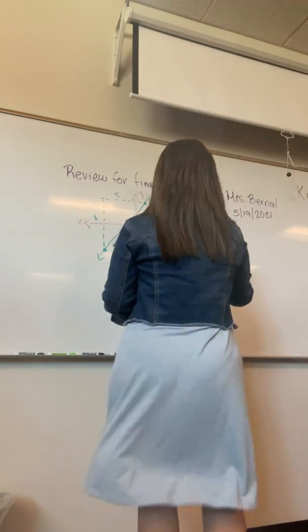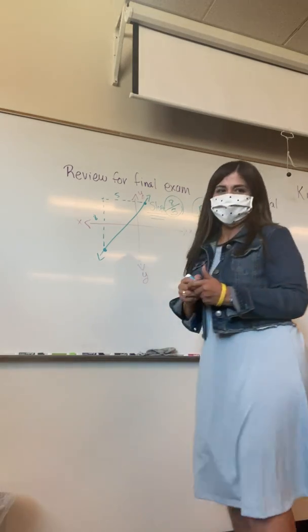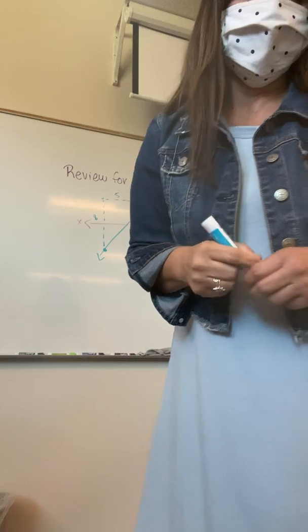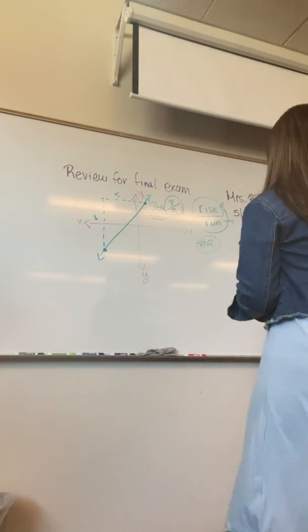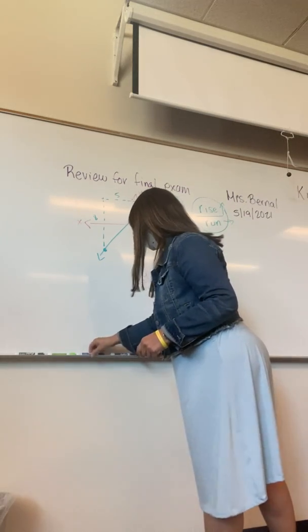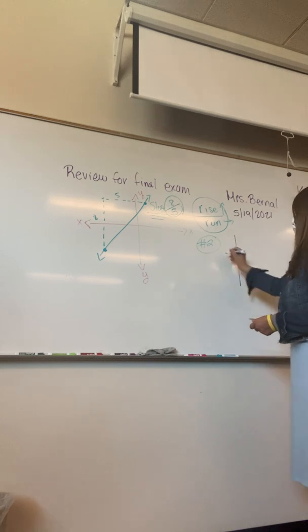On question number 2, it's asking the same thing. It's asking us to find the slope of the line. Okay, and the line is kind of like to the side and it's like going down, but it's actually not going down exactly. So we are going to go like this.